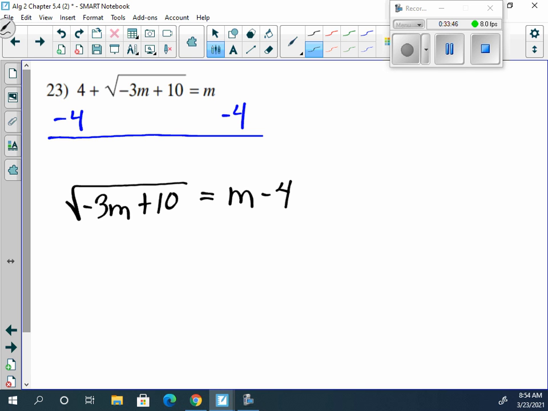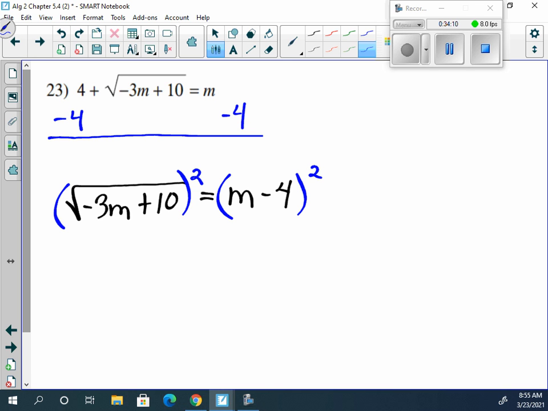All right. Is the radical by itself? Since it's by itself, we can put both sides of the equation to the second power. We can square both sides.